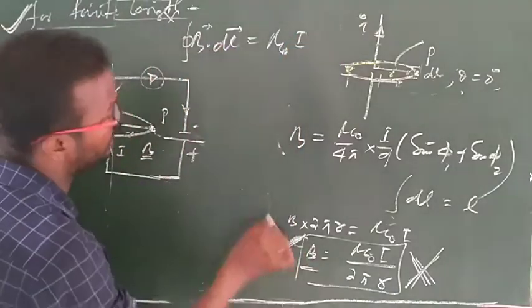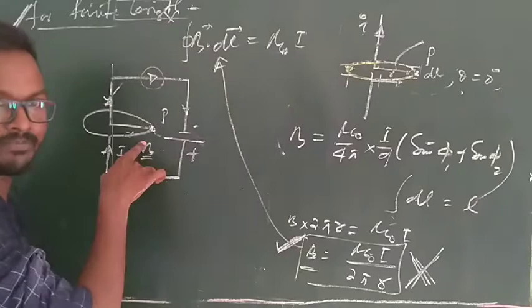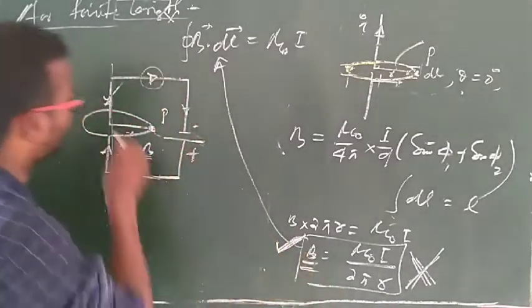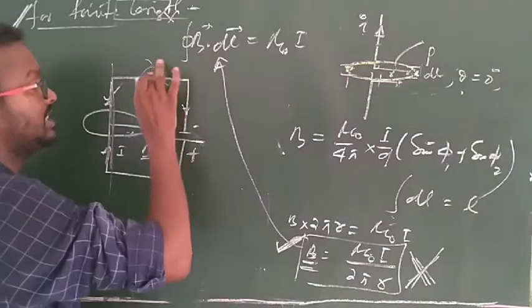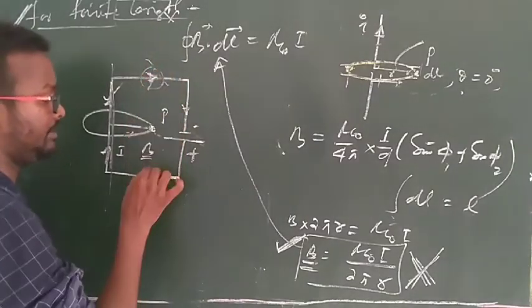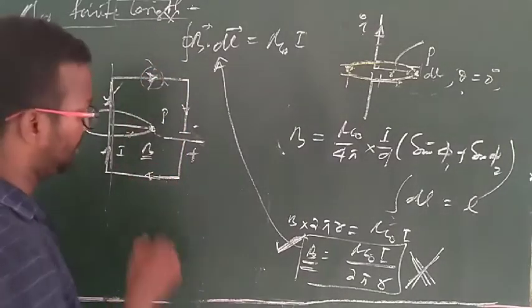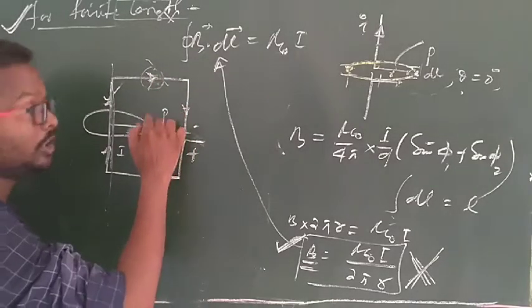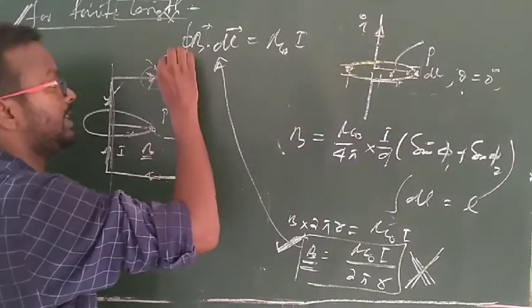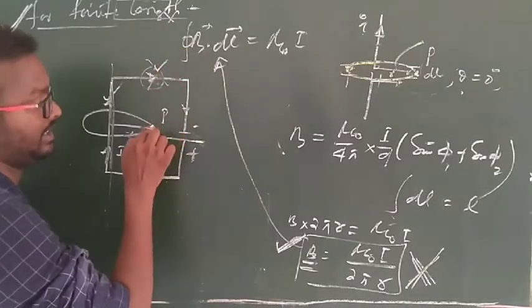Here, if we use this relation for finite length, this B is only for this element. We ignore the other element, but this current element we cannot ignore, because this point and this point are nearer, and due to this current element there is the most effect at this point.